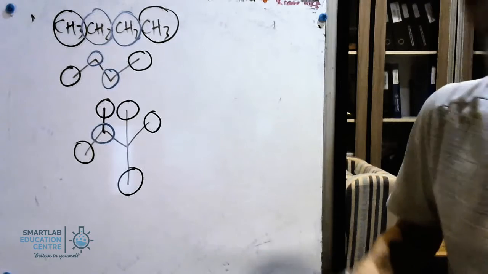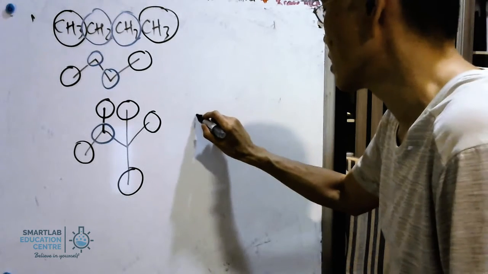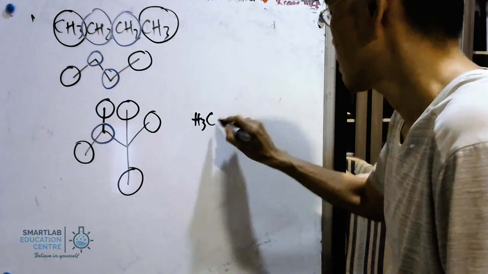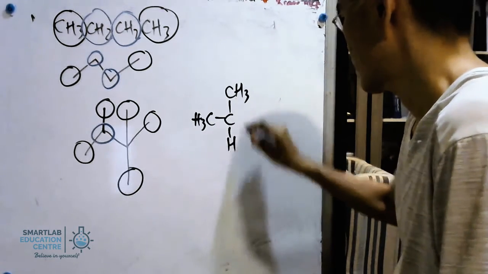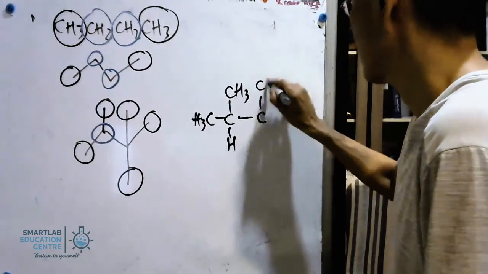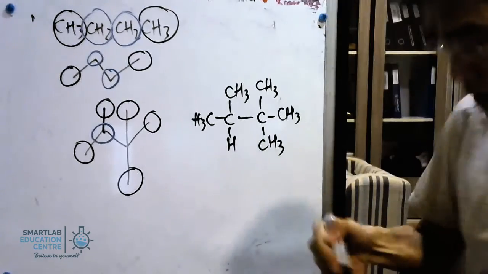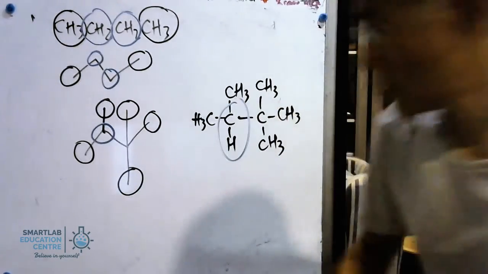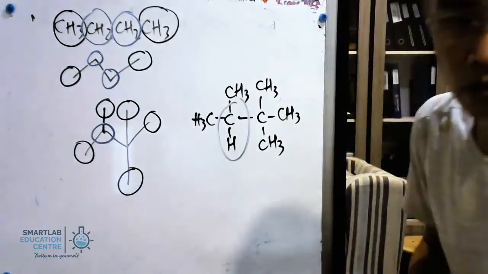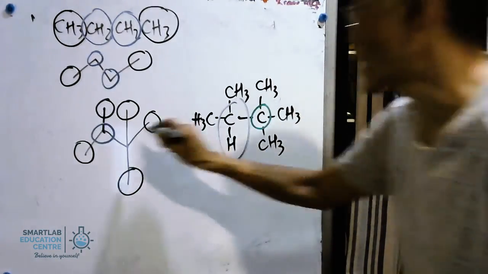Let me now write the structural formula on the side, so you can see it clearly. So this is now being represented by that. And to wrap it up, last but not least, this carbon here is this carbon.